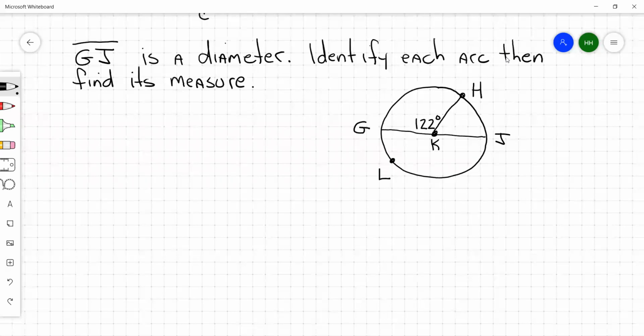So the first thing that you're asked to find is the measure of arc GH. Arc GH has a corresponding central angle that measures 122 degrees. So GH is going to measure 122 degrees. And it's a minor arc.